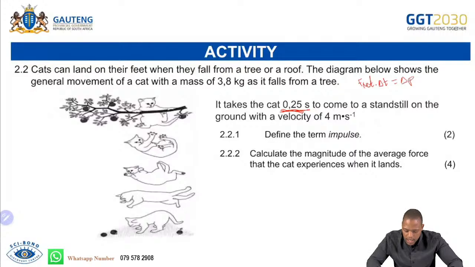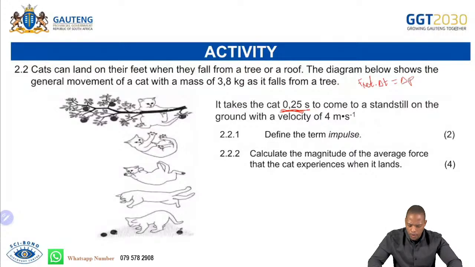The first question tells us to define the term impulse. And the next question is asking to calculate the magnitude of the average force that the cat experiences when it lands.